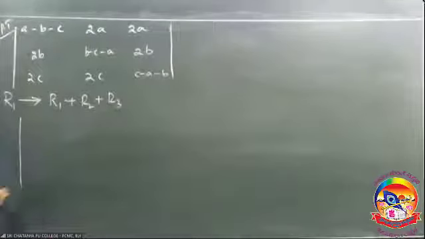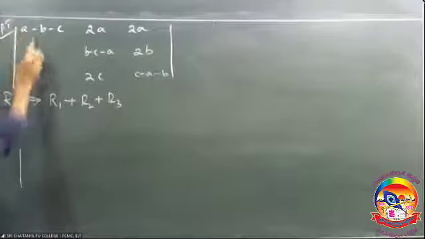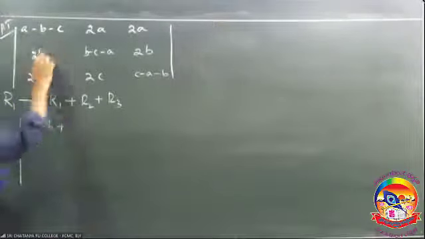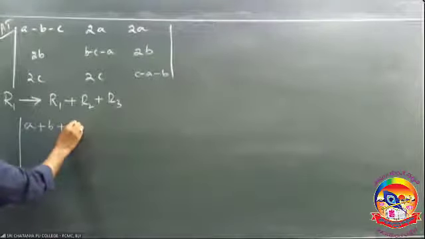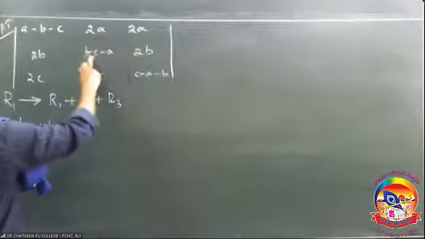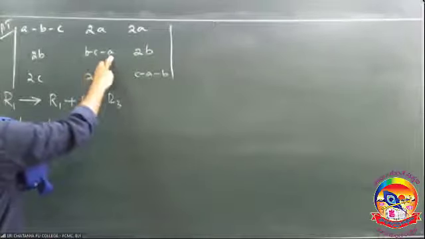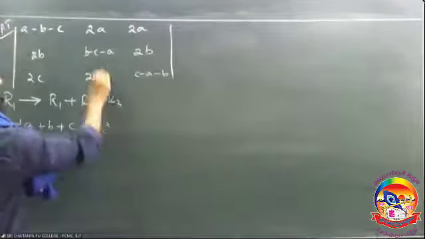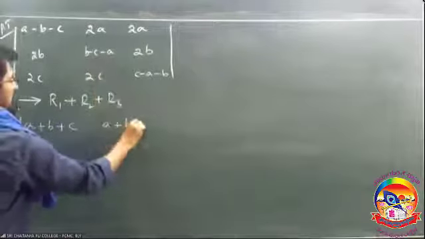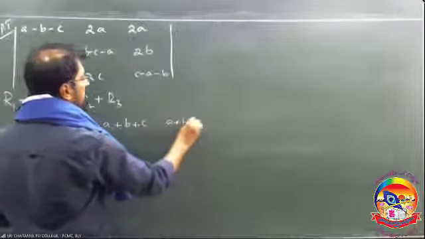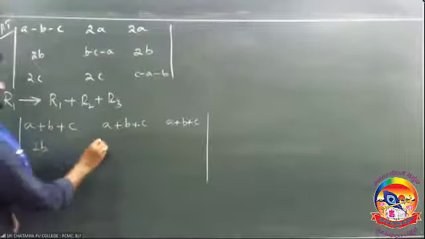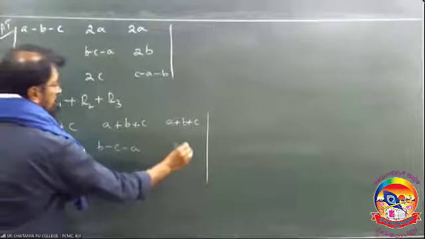That means 2A minus A, and B is already positive, and 2C minus C is C. So we get A plus B plus C. Next, the second row, 2B as it is, B minus C minus A as it is, 2B again.